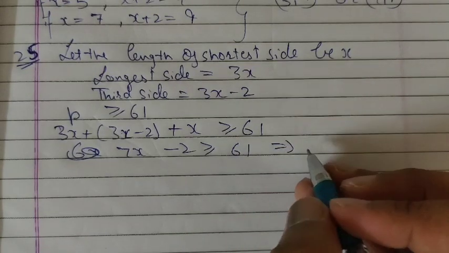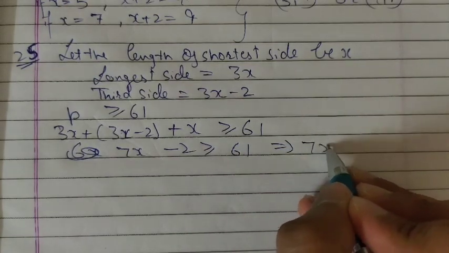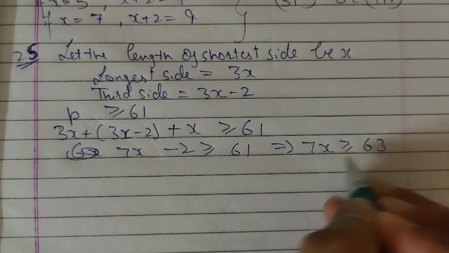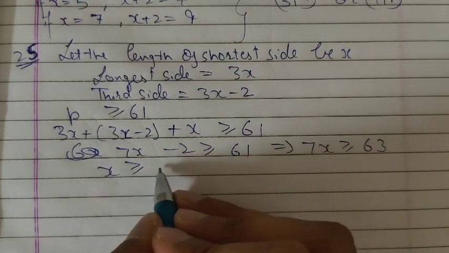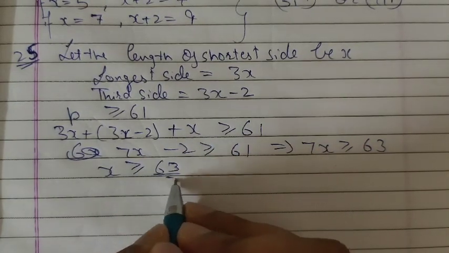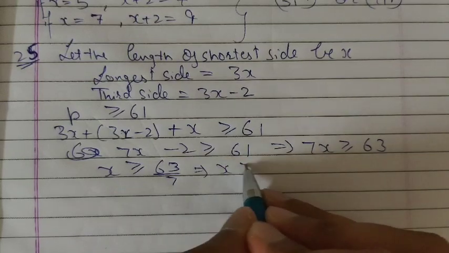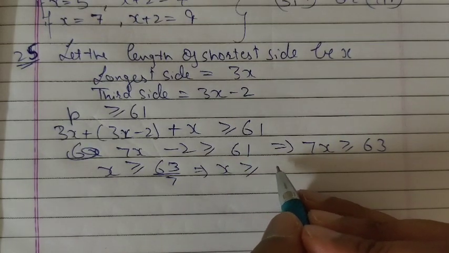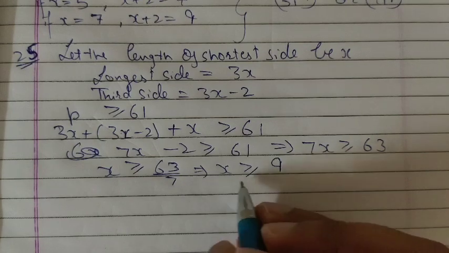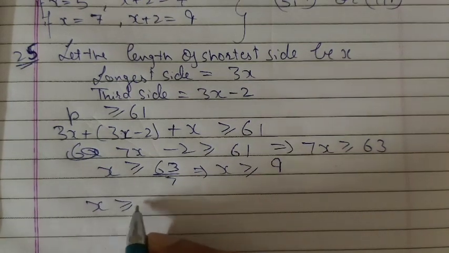This implies 7x is greater than equal to 63. So we can say x is greater than equal to 63 upon 7. So x is greater than equal to 9.